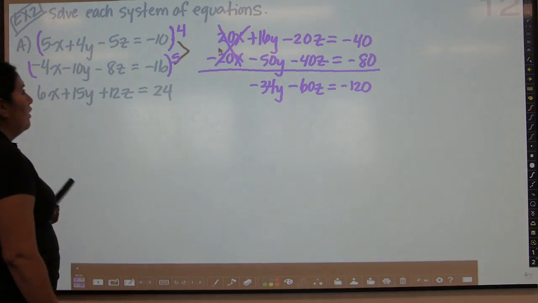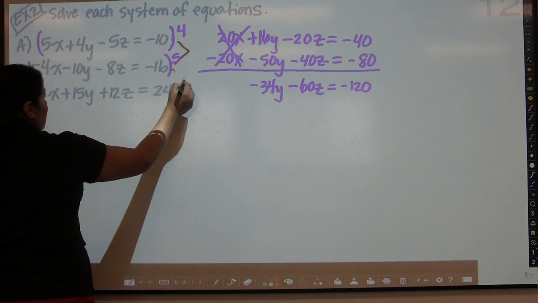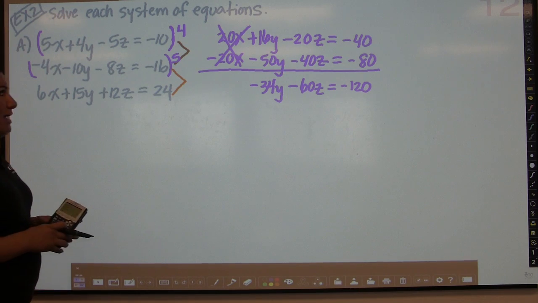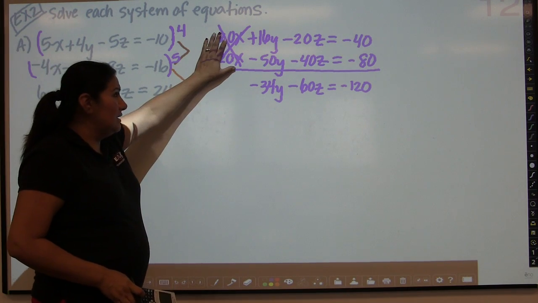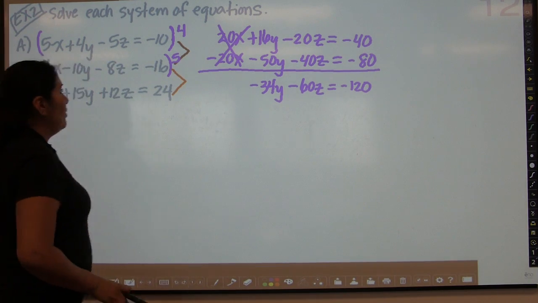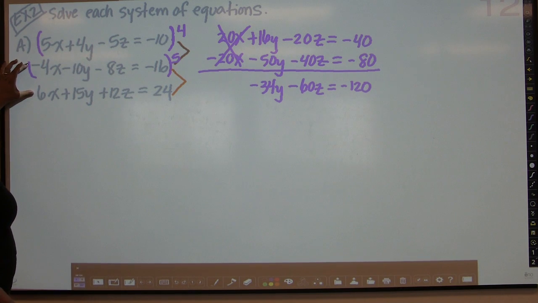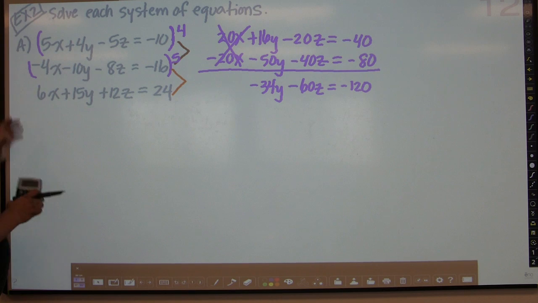So, then we're going to do the second 2 equations and do the same thing. Remember what I said earlier, I already chose to eliminate x in these 2 equations, so I have to eliminate the same variable in these 2 equations. So with -4 and 6, we're going to go with 12.